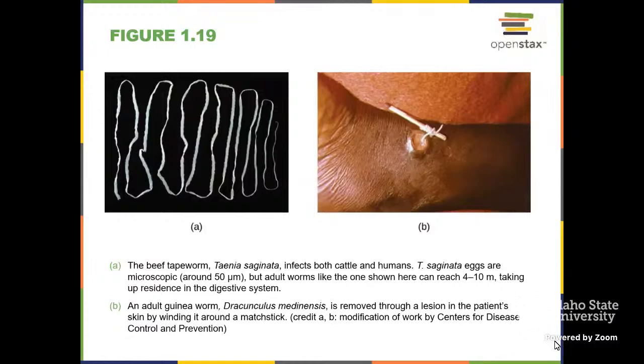Fertilization happens. The male dies shortly after copulation. The female grows bigger. It takes almost a year for this process to truly complete, migrating toward the extremities, and a big ulcer forms, typically on the foot, all right?